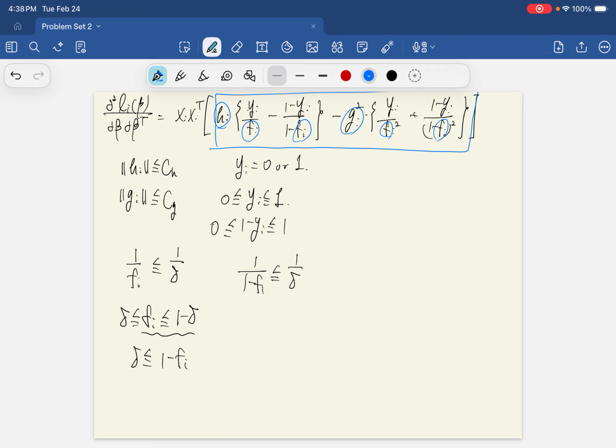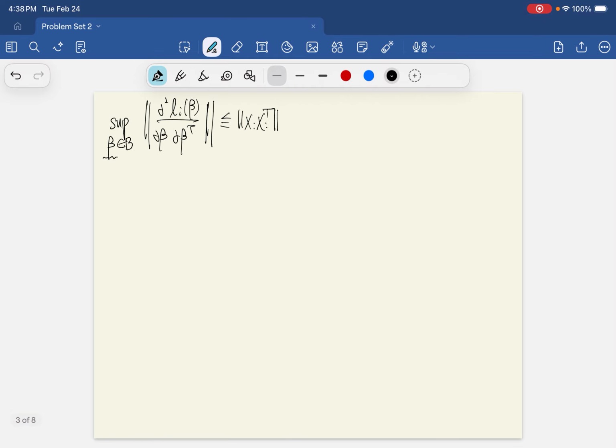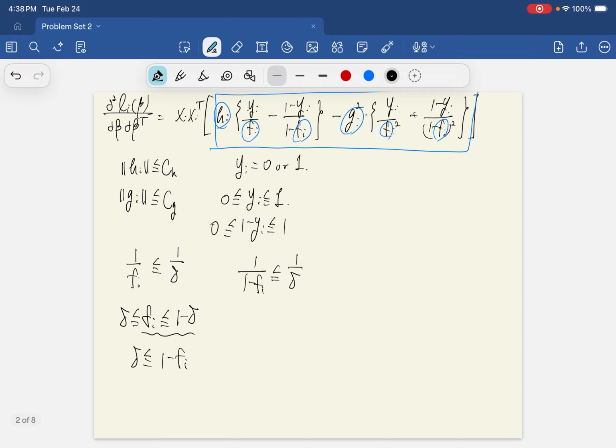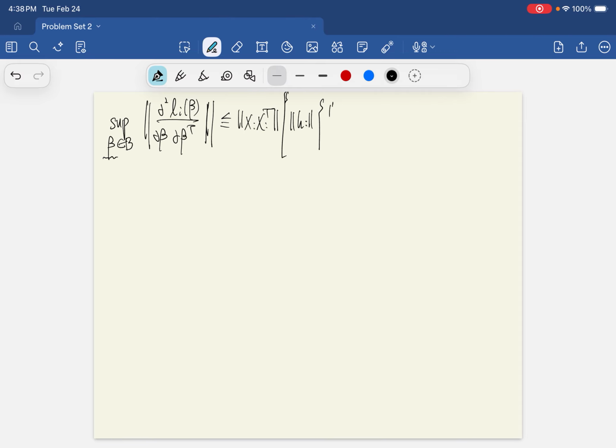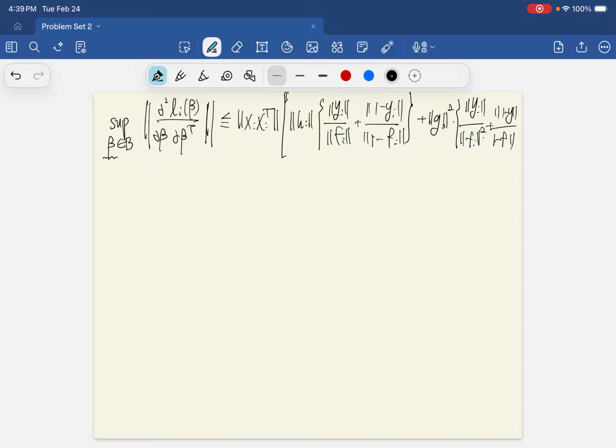Actually they are functions of beta, so we are going to bound h, and this part y over f plus 1 minus y over 1 minus f, plus actually every minus sign turns positive because it's all absolute values, plus gi squared times y over f squared plus 1 minus y over 1 minus f squared.